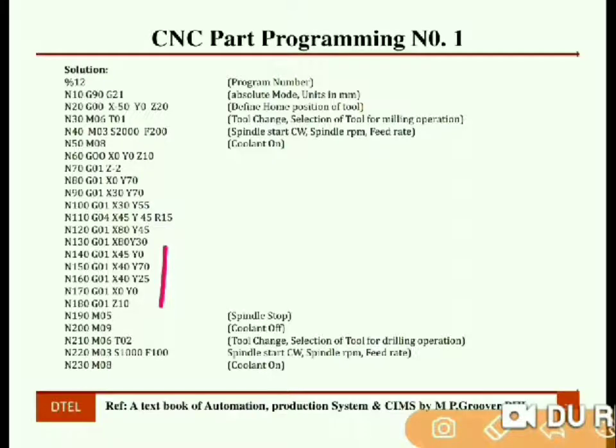Now we are going to take the drilling operation. For that purpose, we need to lift the tool to perform the next operation, that is drilling. Here statement number 180 G01 Z10, linear interpolation in Z direction.